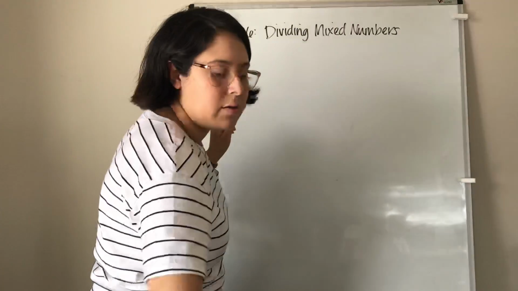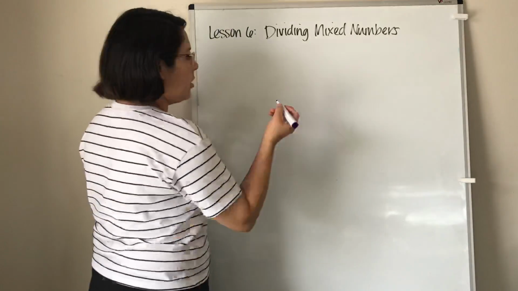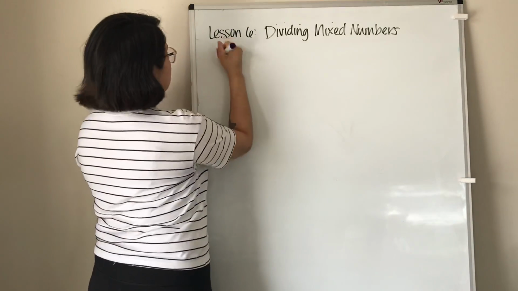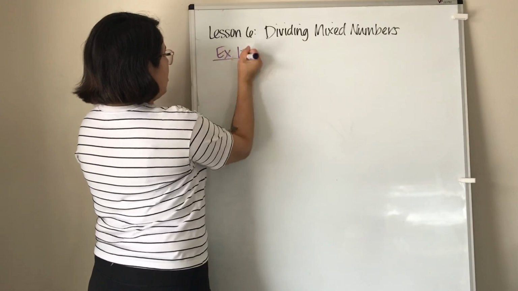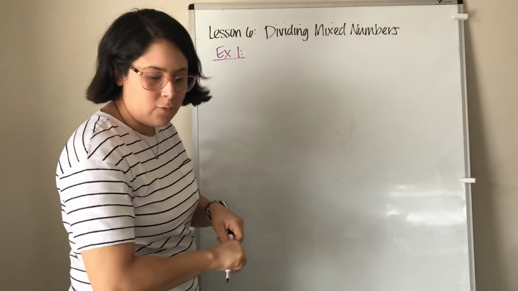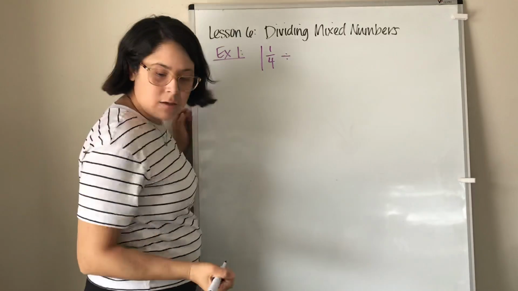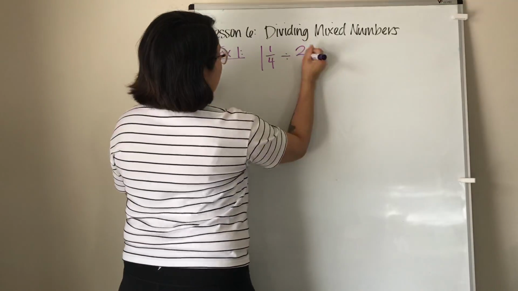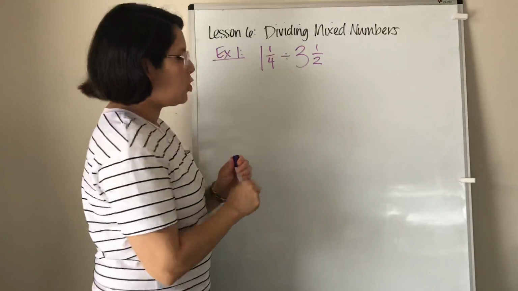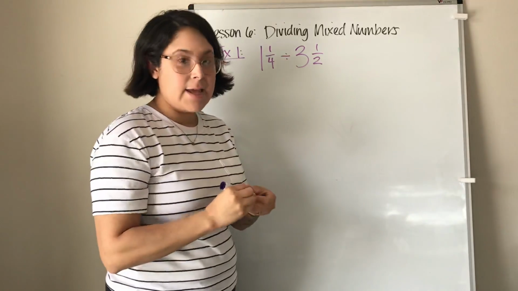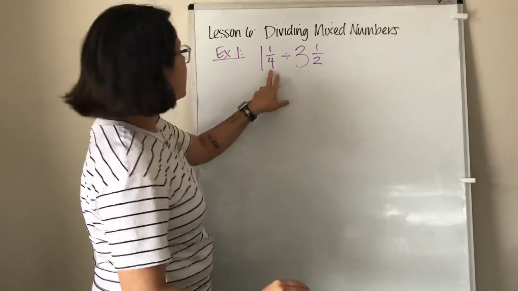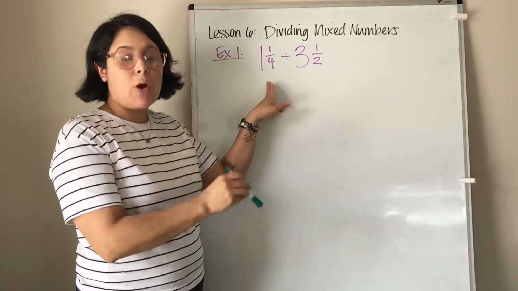All right, so let's do example 1. We're going to do a few different examples. All right, we have 1 1/4 divided by 3 1/2. Okay, so step 1 said that you need to change your mixed numbers into improper fractions.